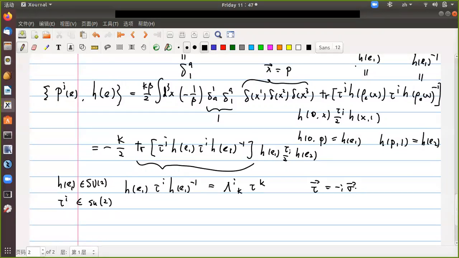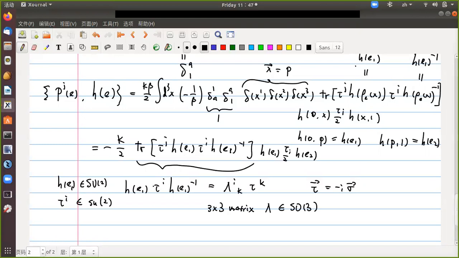And here also you know that this matrix lambda is a 3 by 3 matrix. Lambda belongs to SO3. It's a 3-dimensional rotation matrix. I think you should have learned in quantum mechanics that if you make a unitary transformation of your spin operator, what you get is a rotation in space.